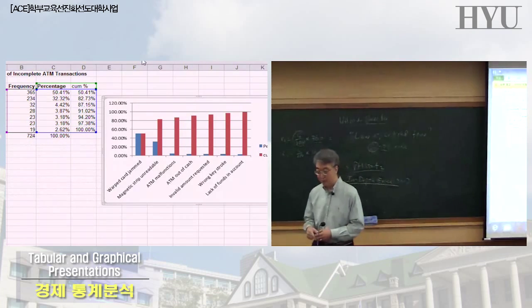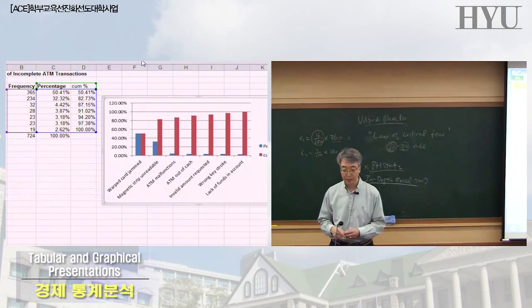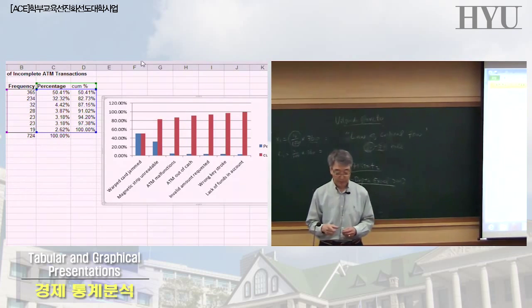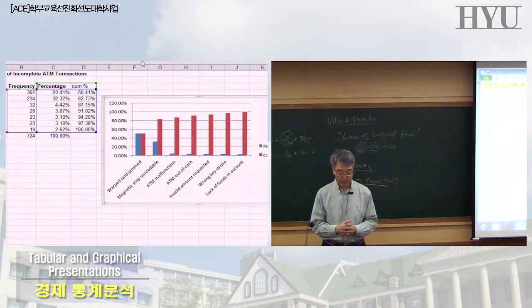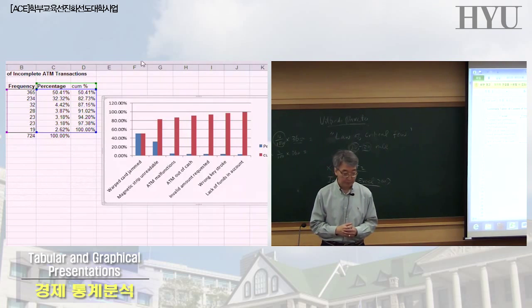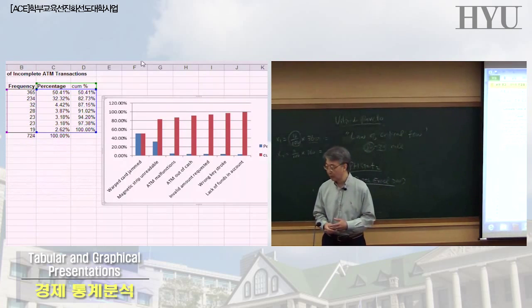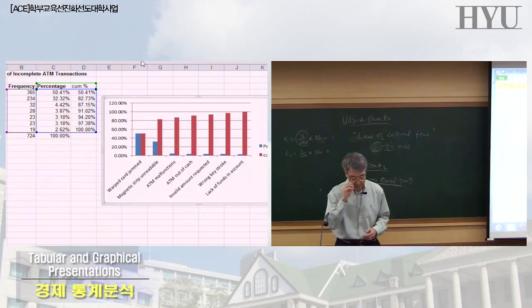Okay. You know, that's one problem we have to overcome. The instruction in the textbook is for the English Excel version, okay, and I'm sure many of you have a Korean Excel version, okay. But well, since I have a Korean version here, I think it may help you. Okay.